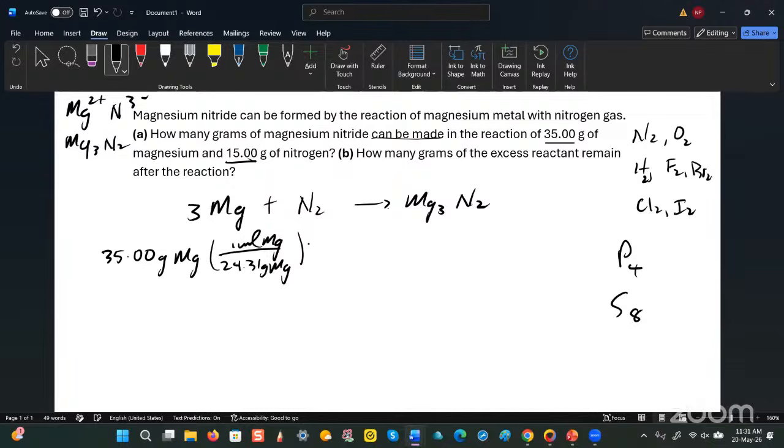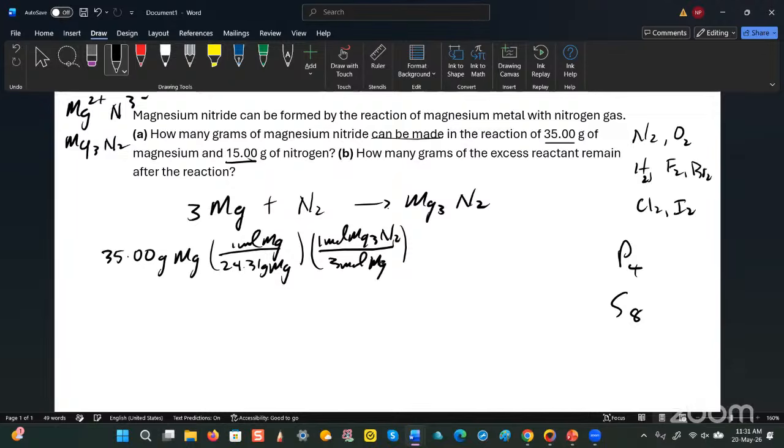Now I would look at the mole ratio between the product, magnesium nitride, and the magnesium. You can clearly see that's a 1:3 mole ratio. So up top I'm going to put 1 mole of Mg3N2, and below I'm going to put 3 moles of Mg.